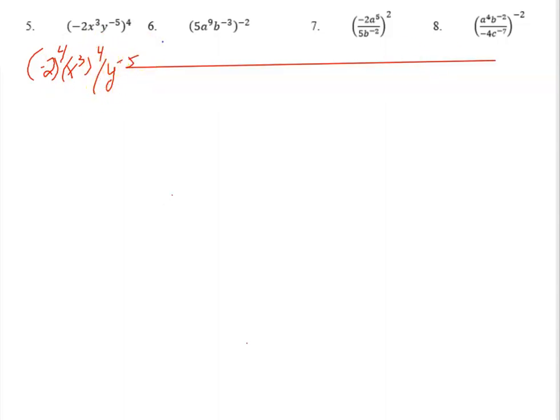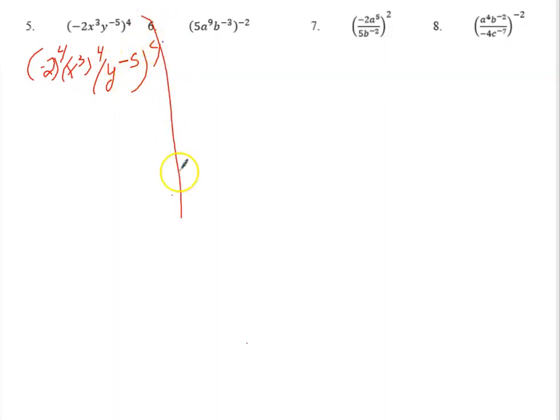Okay, so now we have some negative exponents. The first thing is negative 2 in parentheses to the fourth power. As we talked about before, that locks in our negative exponent. It's going to be x to the third to the fourth, and then y to the negative fifth to the fourth power.